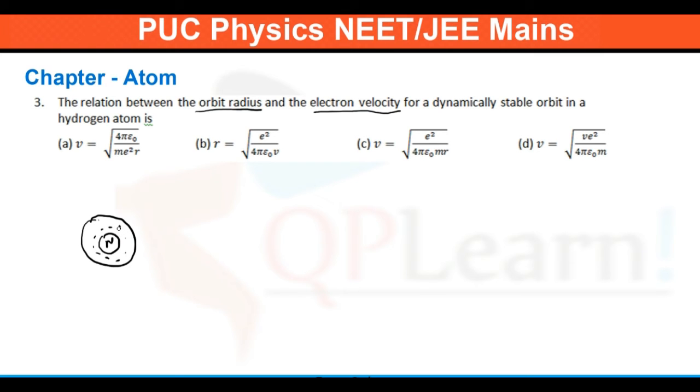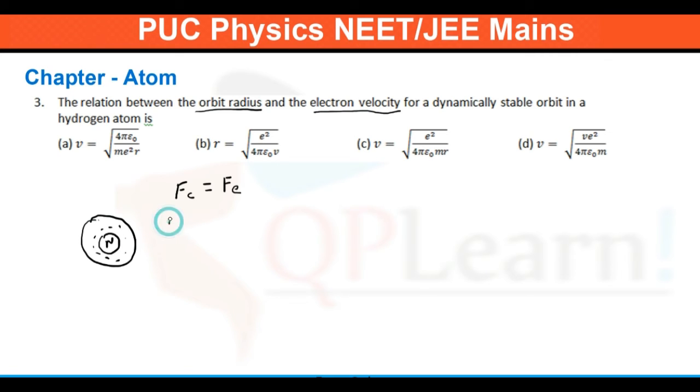The electrostatic force should be equal to the centrifugal force, then only it is possible for these electrons to revolve. Are you clear? So the centrifugal force should be equal to the electrostatic force, Fe. Then only the electron will keep revolving around the nucleus.